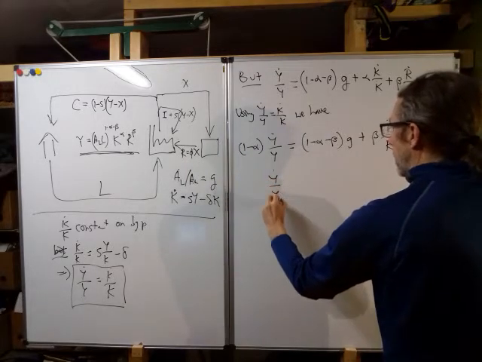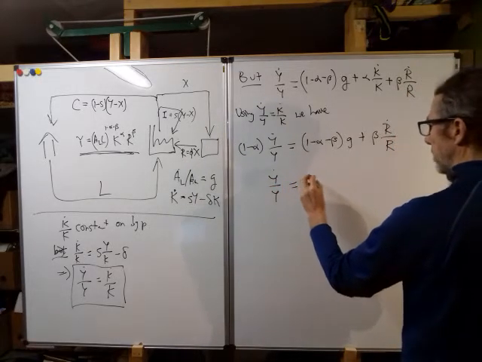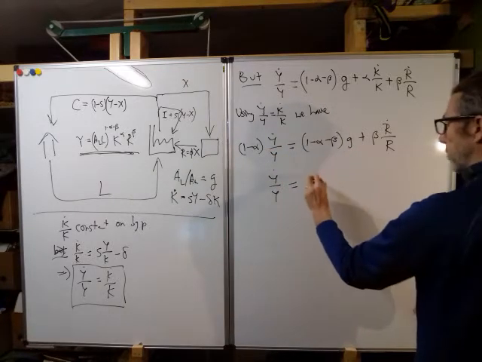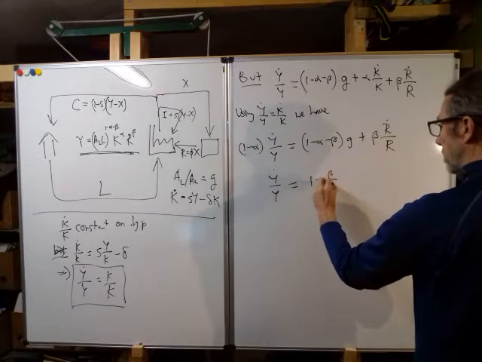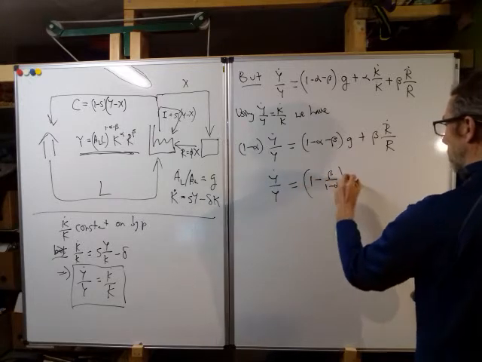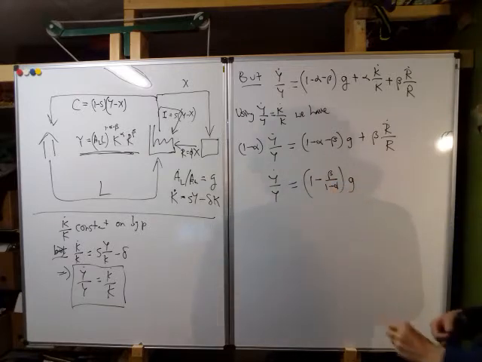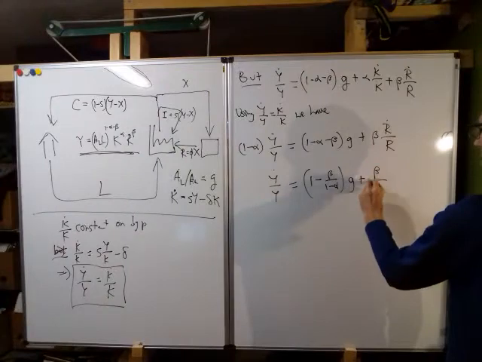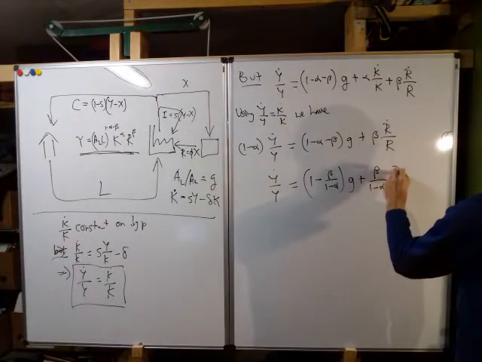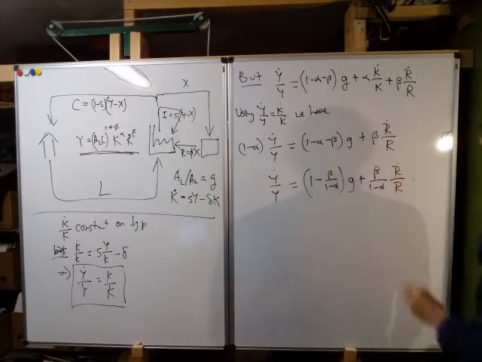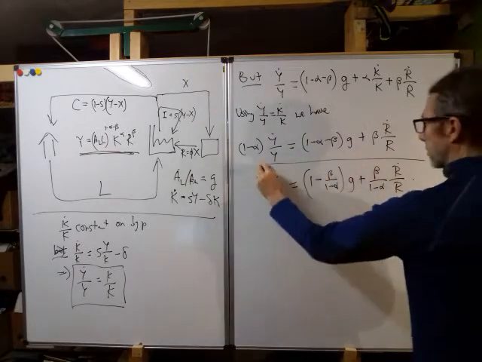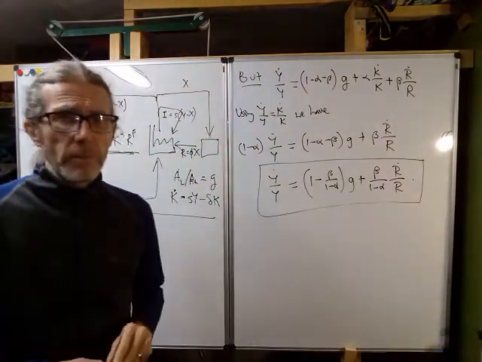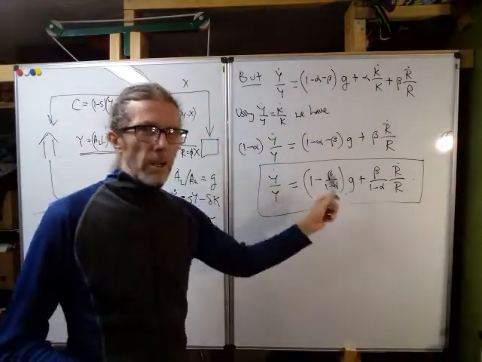So y dot over y is, and of course 1 minus alpha minus beta over 1 minus alpha, we can write it if we like as 1 minus beta over 1 minus alpha, just to emphasize that it's less than 1, plus beta over 1 minus alpha times r dot over r. Okay, so that's pretty cool, isn't it? But what's r dot over r?